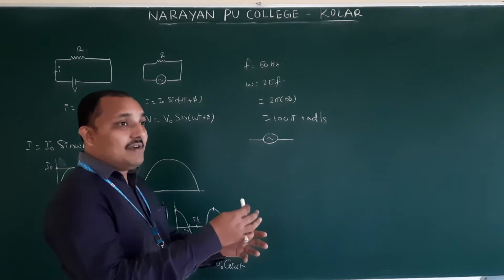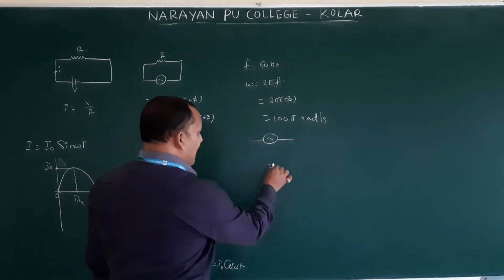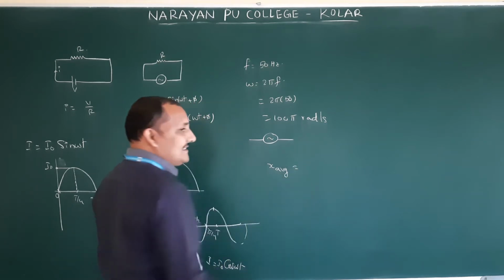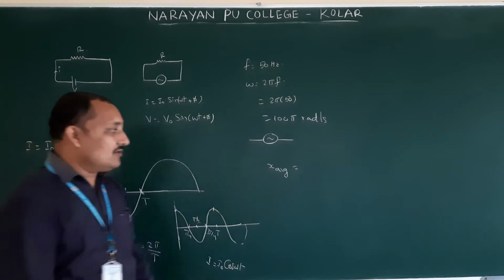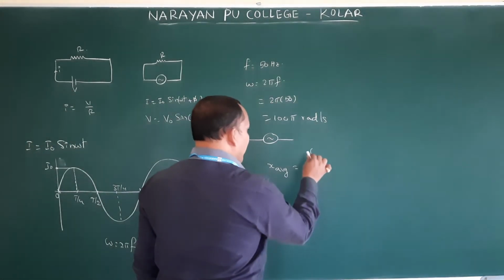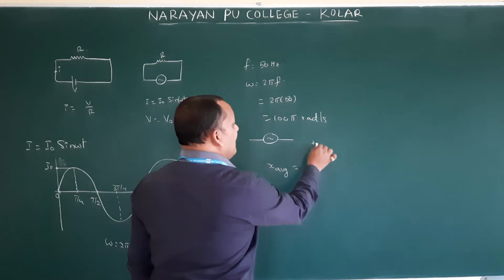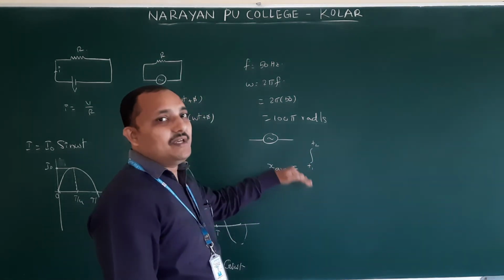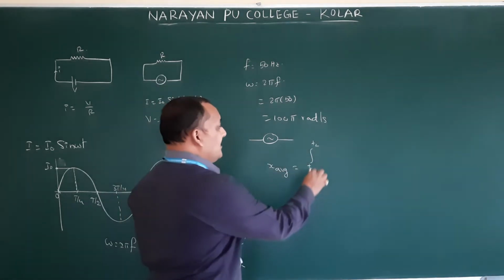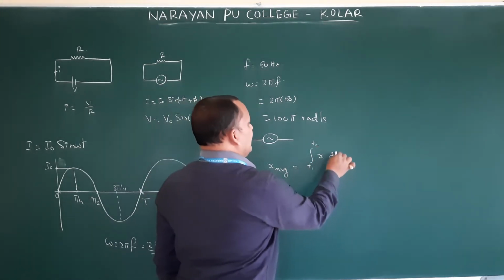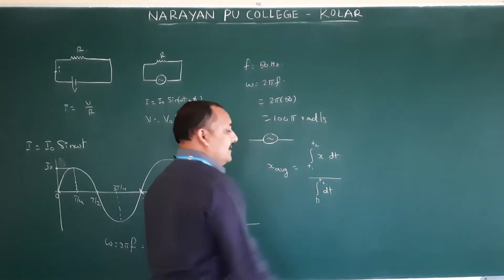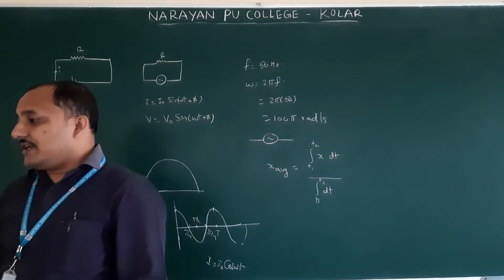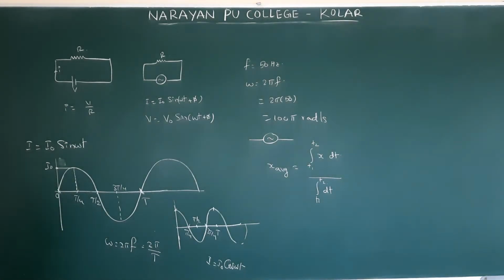Now the average value of some x. x is varying from where to where? 0 to 100, 0 to 50, 0 to 200. Same like that, here it changes from T1 to T2, or some A to B also you can take. The average is the integral from T1 to T2 of x dt, divided by the integral of dt between the limits T1 to T2. This is the general equation for average value with respect to time.